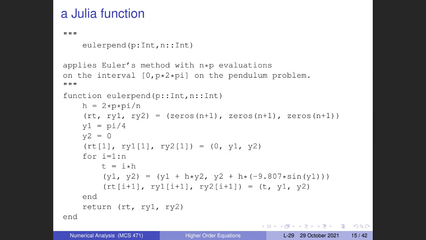One simple function that has two parameters. This is a periodic function. We are returning a range of time, a range for positions, and a range for velocities.